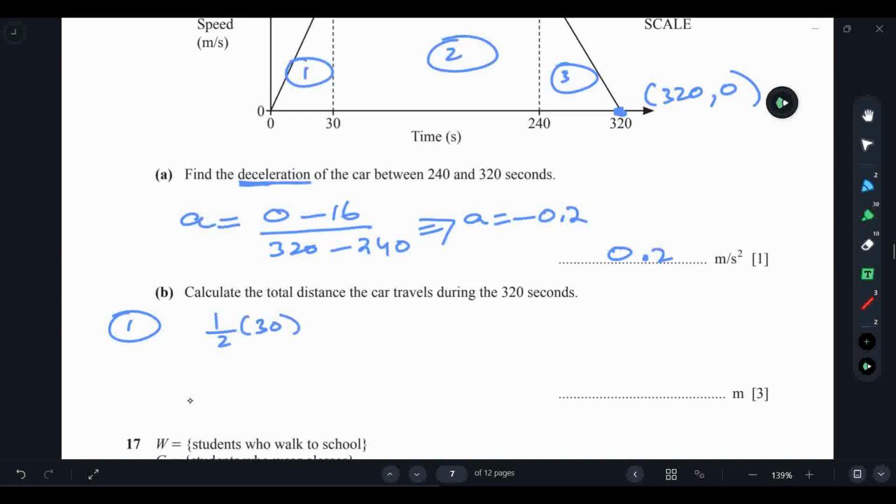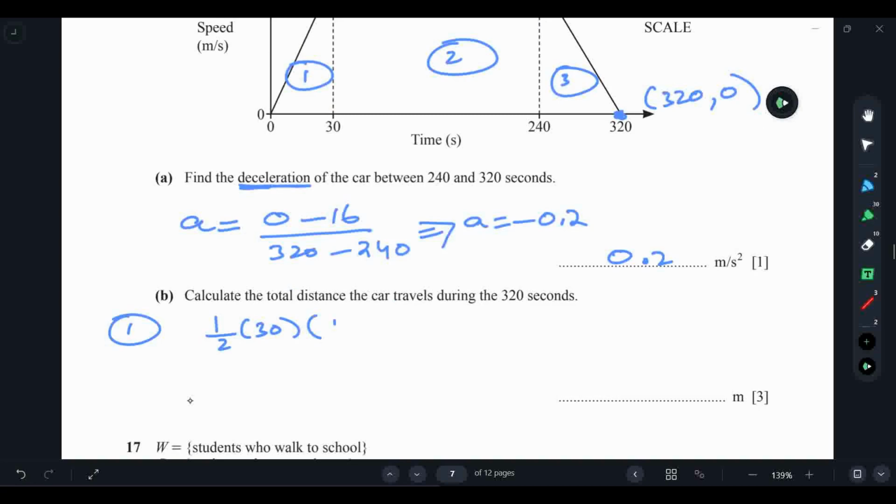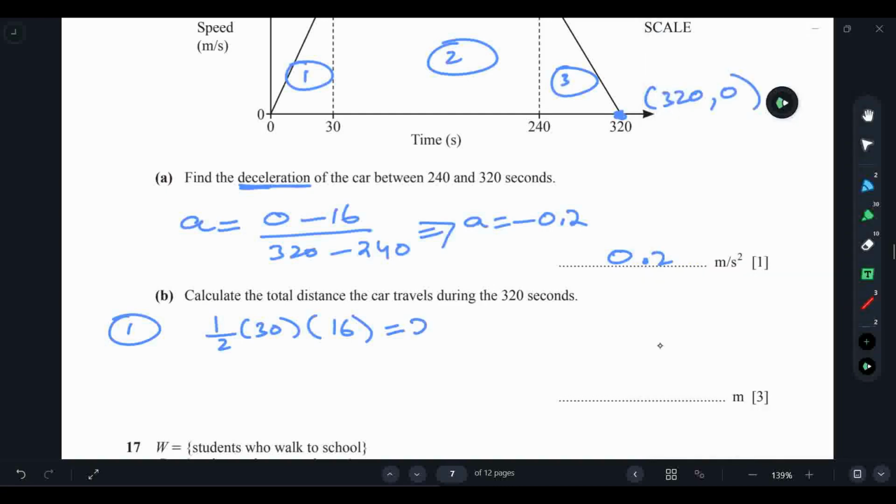Base is 30 and the height is 16. So 1 by 2 multiplied by 30 multiplied by 16 equals 240. So we can write here 240 for the first one.